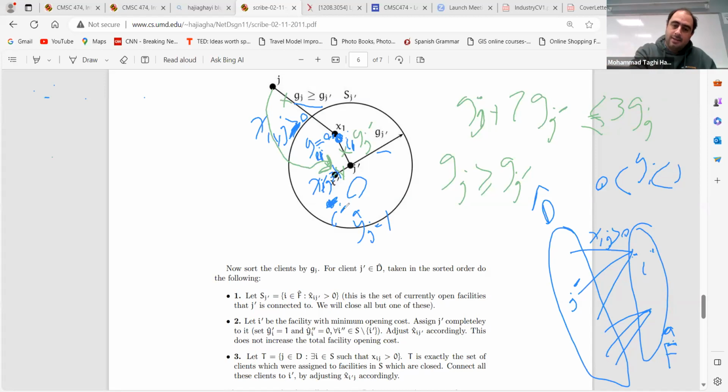And note that the Y of this guy, this was I prime, essentially becomes 1. This other guy becomes 0. So this will be out of the equations anymore because these are integral. We don't touch them. And these guys are assigned fully to these ones. So we don't touch their facilities, and we don't touch their connection costs.